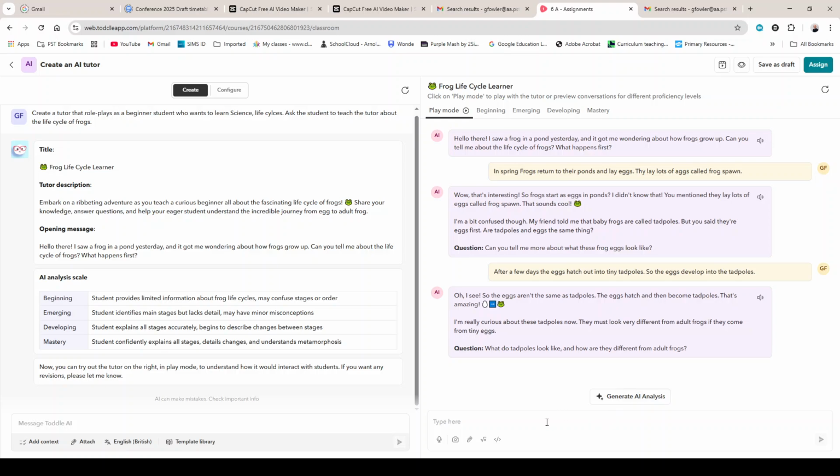Okay, so I'm going to deliberately put in some mistakes here. Okay, so when the tadpoles hatch, they can breathe air immediately, so they are very like frogs.